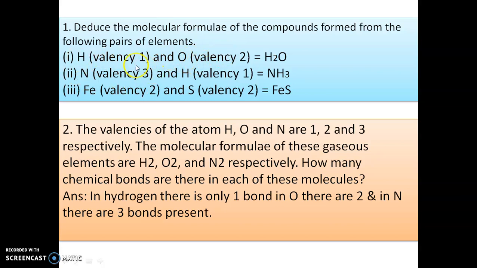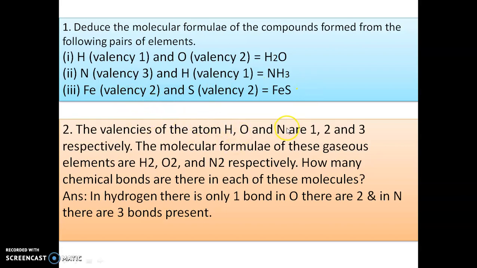Therefore cross multiplication, H will get 2, O will get 1, H2O. N valency 3, H valency 1, cross multiplication, N will get 1, H will get 3, NH3. And F and S, cross multiplication, each will get 2, 2, so it will get cancelled.